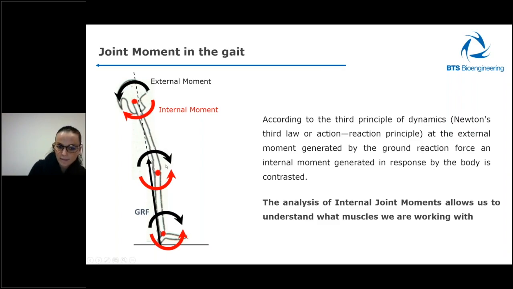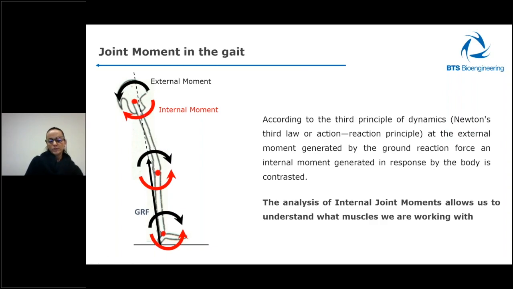But all that doesn't happen because an internal extensor moment is opposing from the inside. Finally, at the hip level, the external moment is a flexor moment, and therefore the internal moment is an extensor moment.